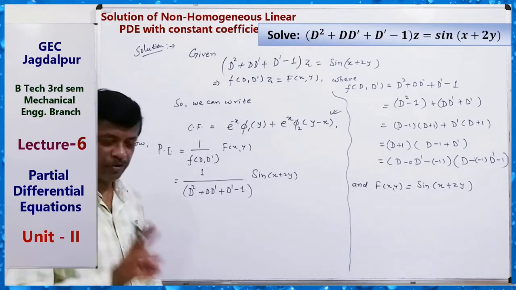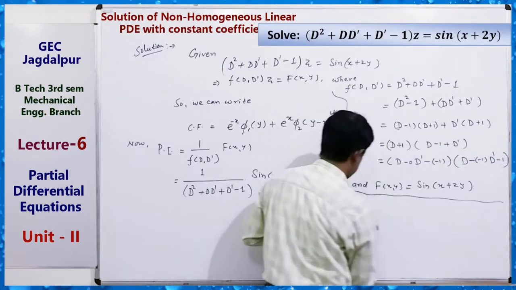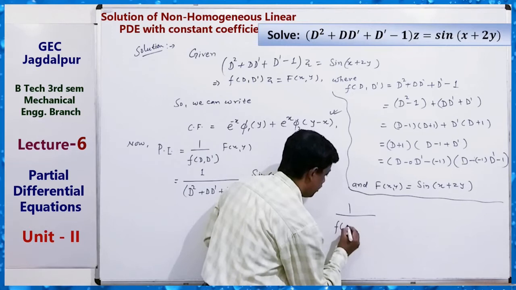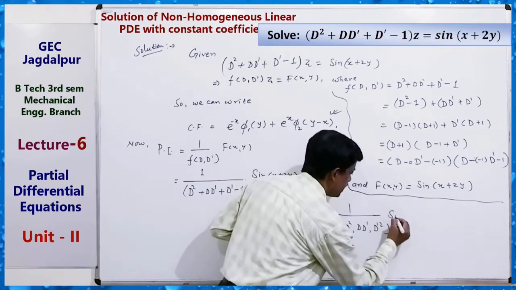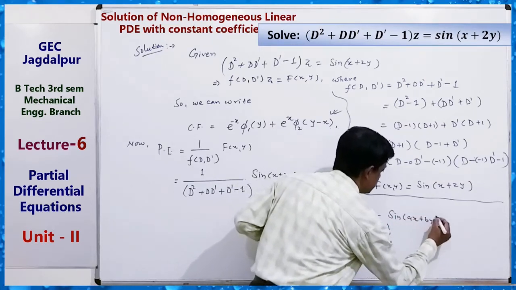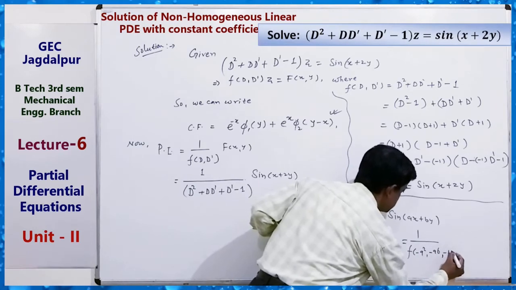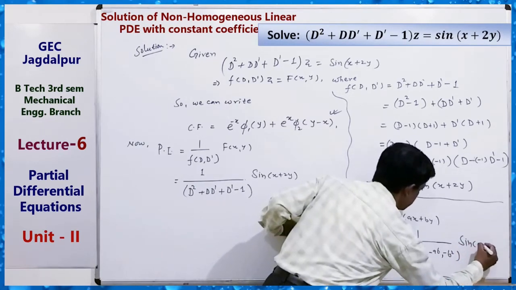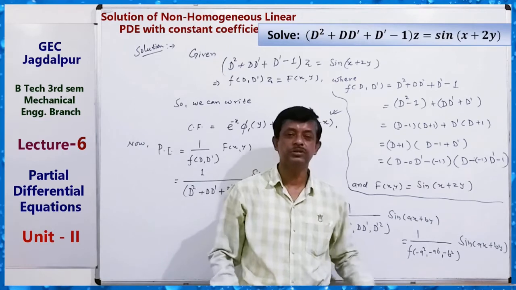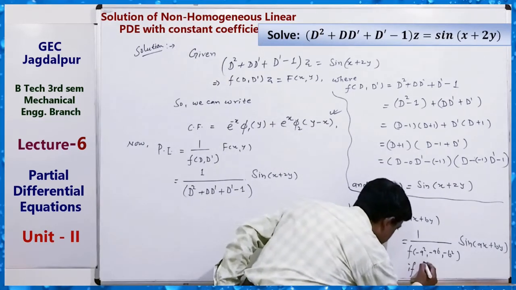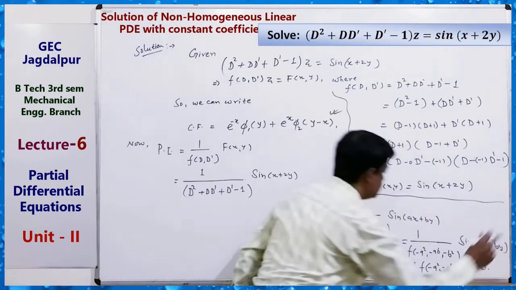We know a formula: 1 upon F(D², DD', D'²) of sin(ax + by) or cos(ax + by) equals 1 upon F(−a², −ab, −b²) of sin(ax + by) or cos(ax + by), if F(−a², −ab, −b²) is not equal to 0. Clear?